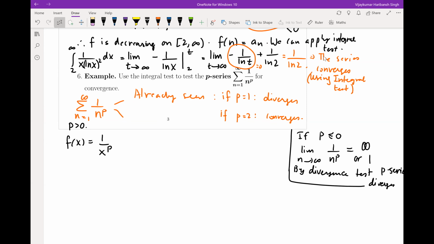So consider this function on 1 to infinity. This function is continuous and positive on 1 to infinity.